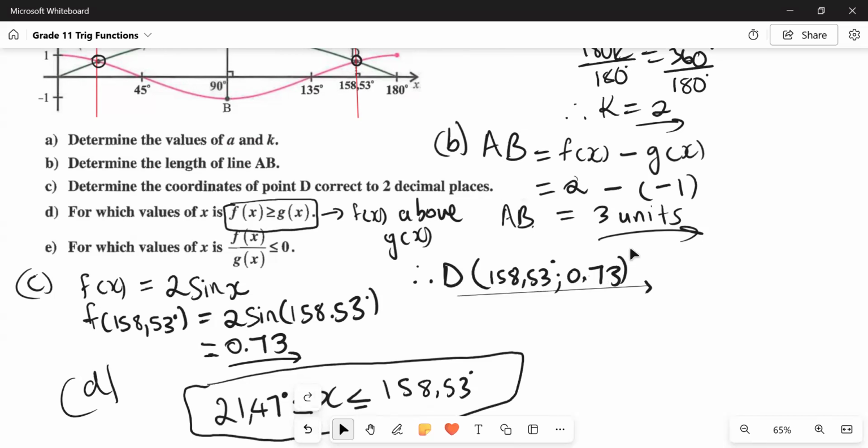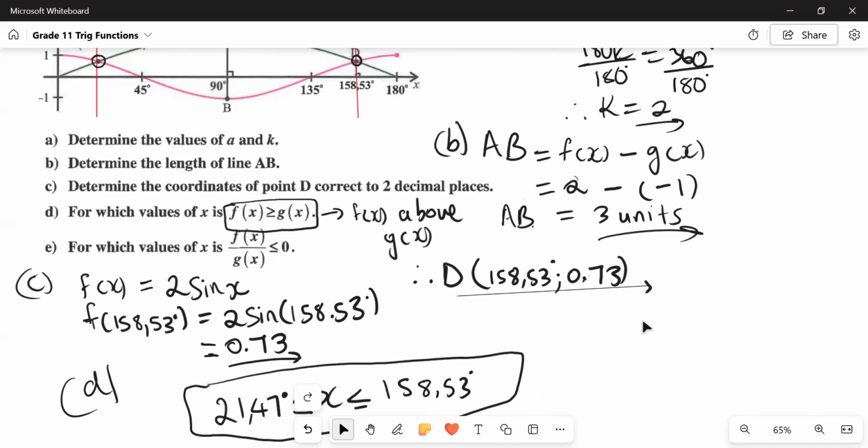Now, for which values of x is f of x divided by g of x less than 0? And then again, what do they mean by that? They are simply looking for x values where one graph is positive and the other is negative, or f of x equals to 0. They're looking for those points, right?